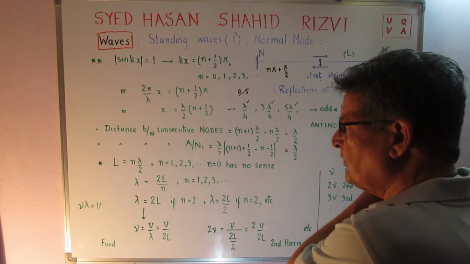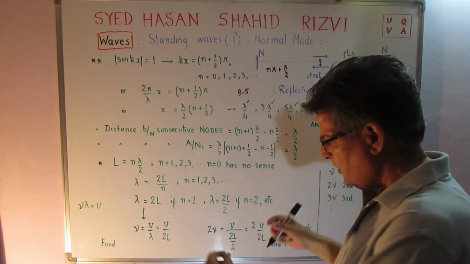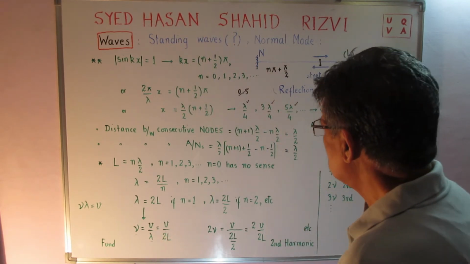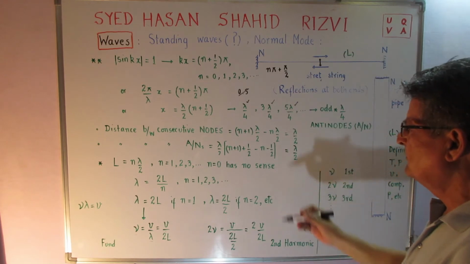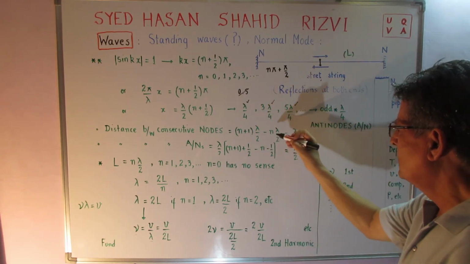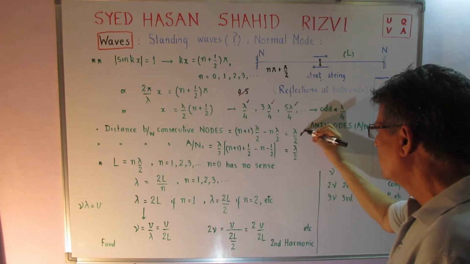And if we try to find the distance between consecutive nodes, one node and the next node, there may be many nodes. So I write n plus 1 into lambda by 2 minus n lambda by 2, which becomes equal to lambda by 2.